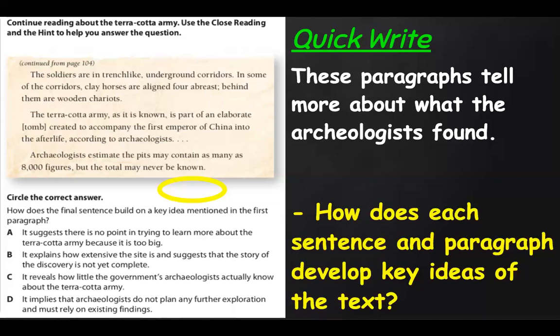So in that chat box, you're going to write A if you think it's A. You're going to write B if you think it's B. If you think it's C, you're going to indicate C. And if you think it's D, you're going to write D. We are going to then share out.